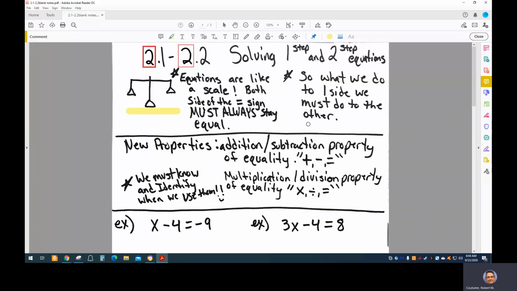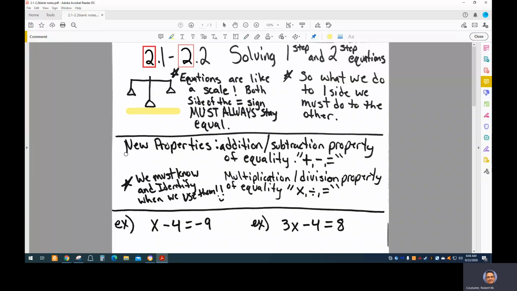Equations are really not much different than an expression like we've been dealing with, set equal to something. So now it says all this stuff on one side equals this on the other side. Sometimes we have to algebraically manipulate it using properties, and we have new properties.